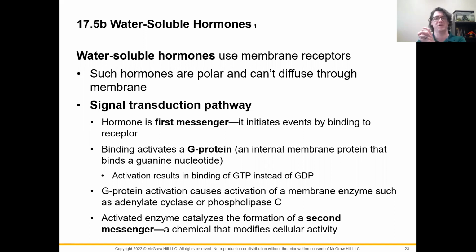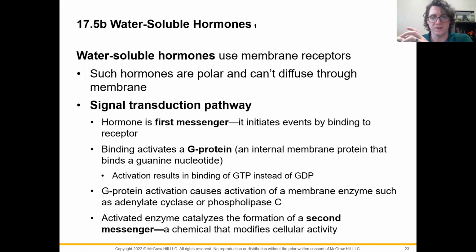So they take your package, and then they take the package to the house that it needs to go to, okay? So the hormone is the first messenger that brings it to the building. We then have another messenger called the G protein on the inside of the cell that will carry that message along. In this case, the message would be, hey, we need to take in glucose, or hey, we need to do some other thing inside the cell.